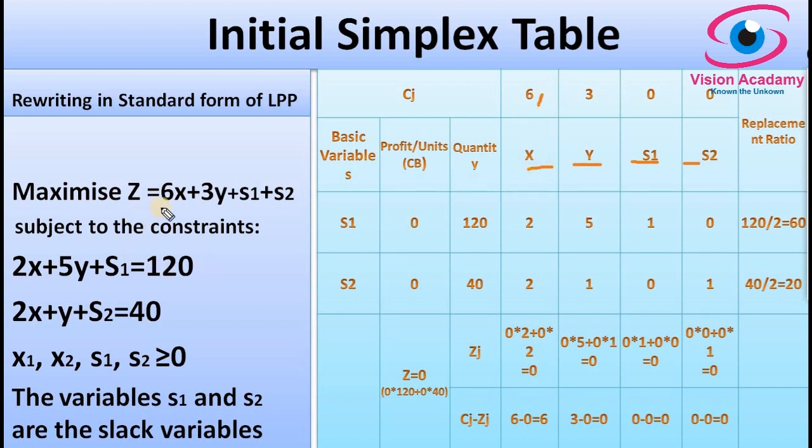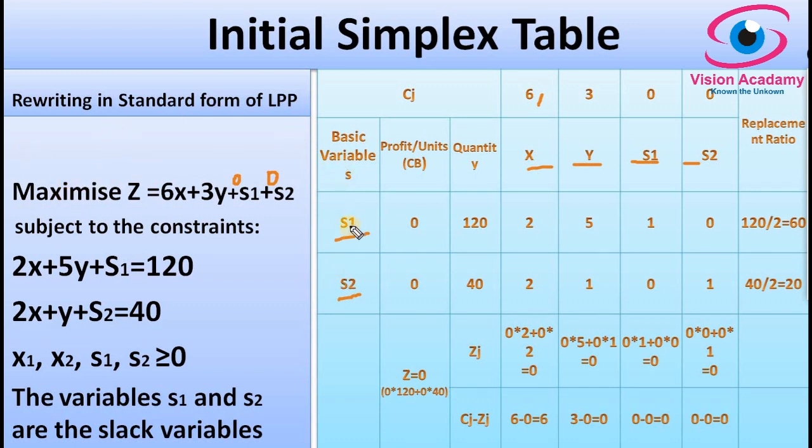Here the x value is 6, the y value is 3, and there is no s1 value and no s2 value, which means it is simply 0 s1 and 0 s2 in the standard form of LP. In the basic variables, as you know, we must consider the slack variables that we introduced while rewriting in the standard form of LPP.